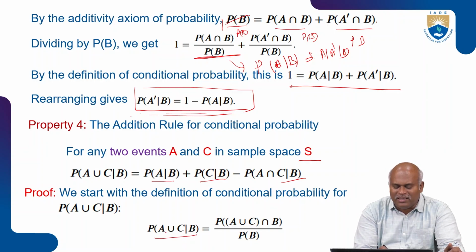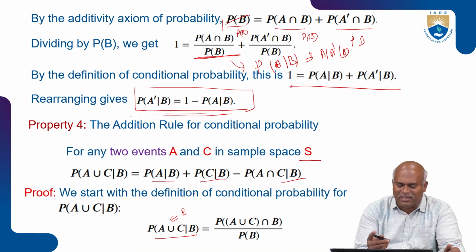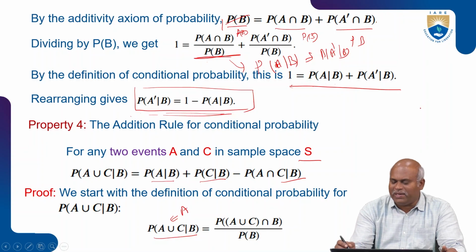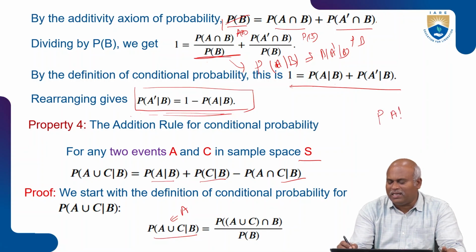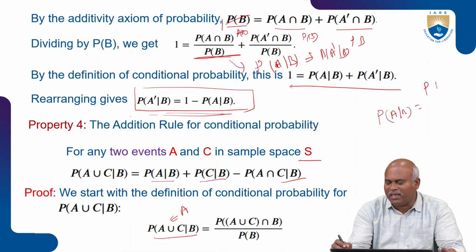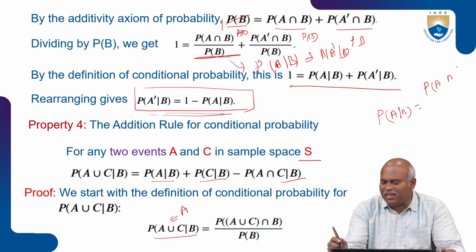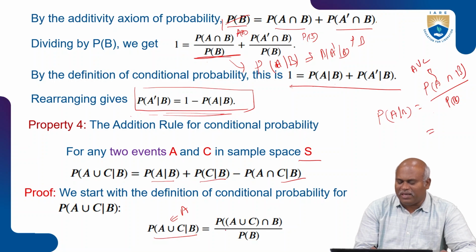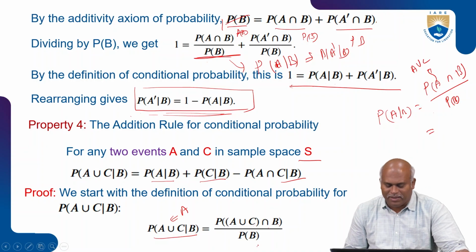In this case, we consider A union C as the event A. So P of A given B is equal to P of A intersection B divided by P of B. In place of A, I apply A union C, so the equation is modified like this: P of (A union C) intersection B divided by P of B.